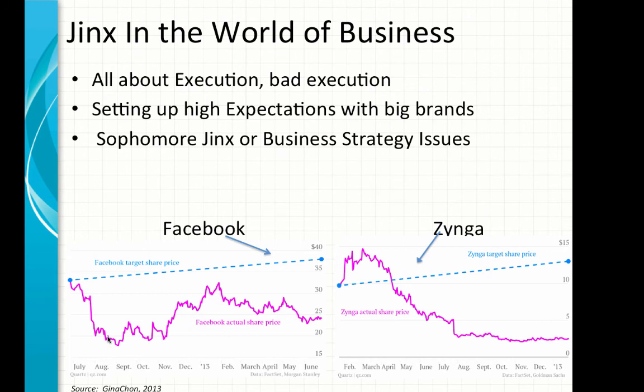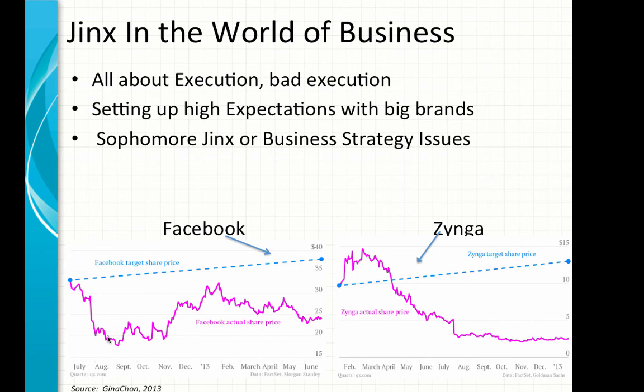This shows a sophomore jinx in certain industries, because it's exciting to go from a handful of employees and stirring finances to being worth billions of dollars, and it's easy to get caught up in all the praise from bankers angling for a part of your IPO business. Setting up high expectations can come back to haunt you.